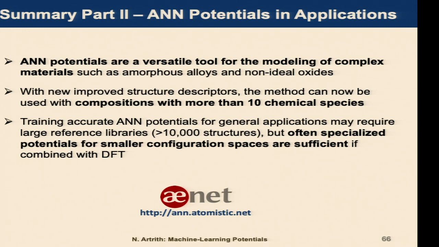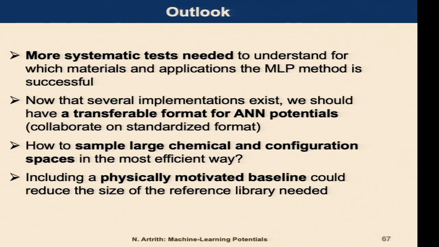It's just my conclusion for the second part. But what I would like to say is the outlook. Actually, we need more systematic tests, and we would also like to mention that the transferability of the neural potential format should be easy.